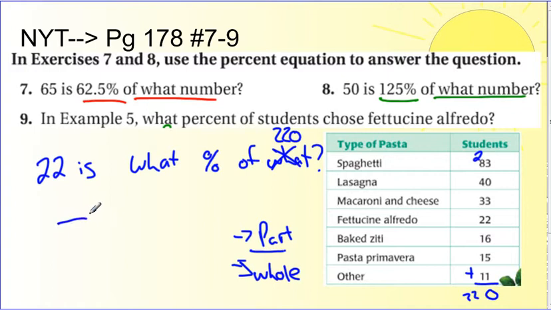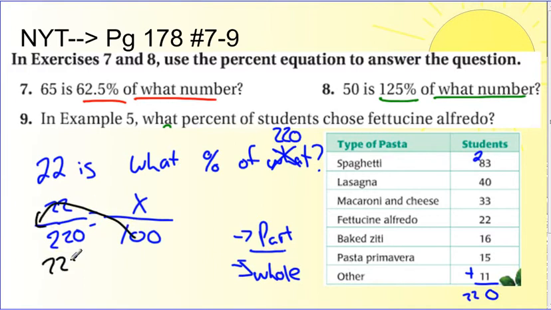That I can do. We do not know the percent. The of number is 220, that's the total number of students. The is number is the part of the students, 22. Cross multiply: that times that is 2,200. On this side, we got 220x.